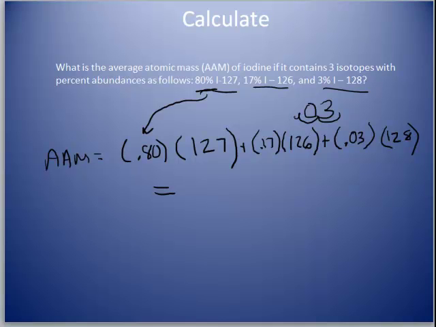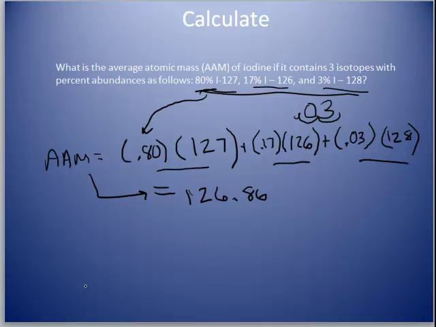And we get 126.86, and that would be the average atomic mass of the element iodine, which has individual isotopes of those masses and those percentages. Again, it's very important to understand that would be the number that would be reported on the periodic table. Those would be the mass numbers of the individual isotopes that make up the element iodine.